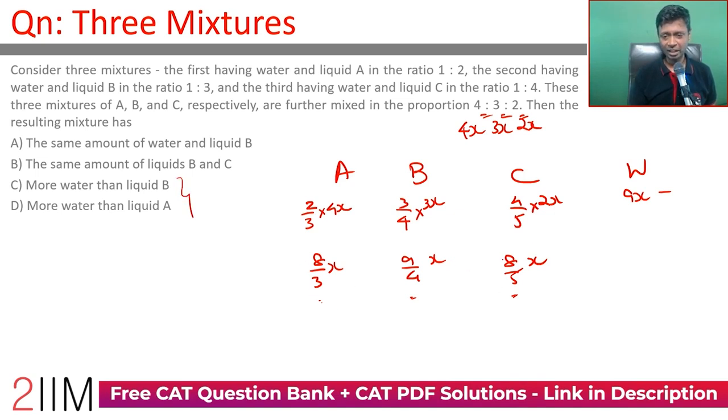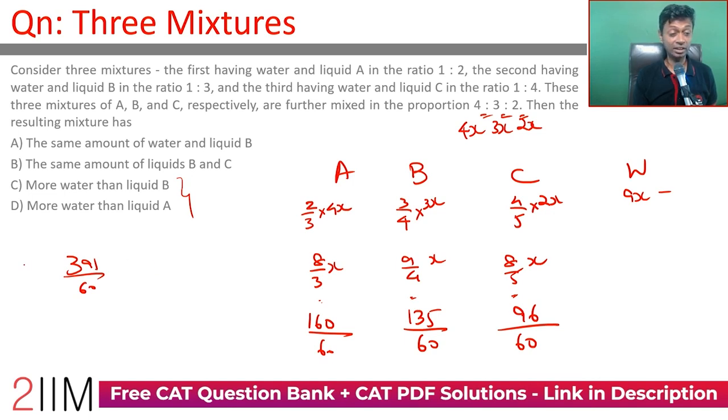This 8 by 3, 9 by 4, 8 by 5. LCM is 60. 8 by 3, 3 into 20 is 60, 8 into 20 is 160 by 60, 9 into 15, 135 by 60, 8 into 12, 96x by 60. 160 plus 135, 295, 295 plus 96, 391 by 60, subtracted from 9x, 9x is 540 by 60x.